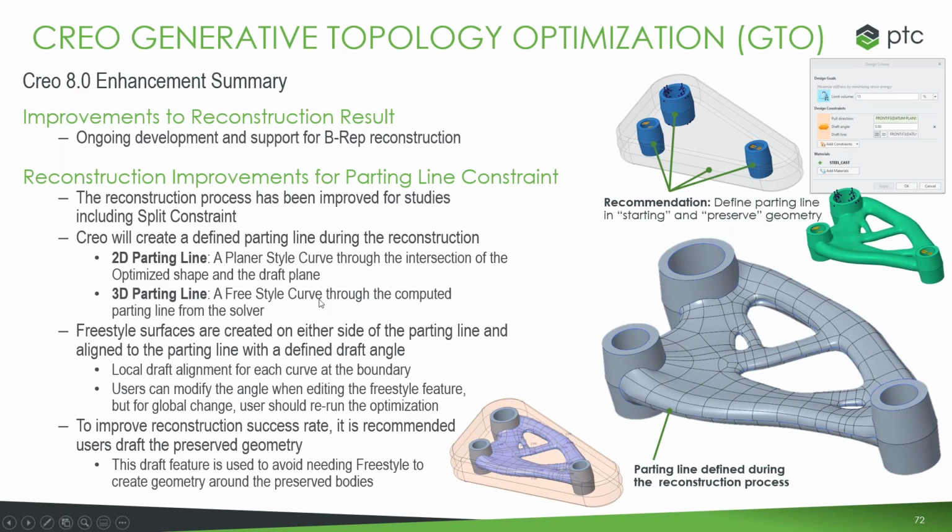This relates to the new options that came in Creo 7 for the freestyle feature in terms of draft connectivity. We're reusing that in 8 to give a more defined and better parting line. The thing to remember with this GTO is that we don't have to come up with weird, fanciful parts that we can only manufacture through additive. We can also define parting lines, so it could be cast, injection molded or even machined.